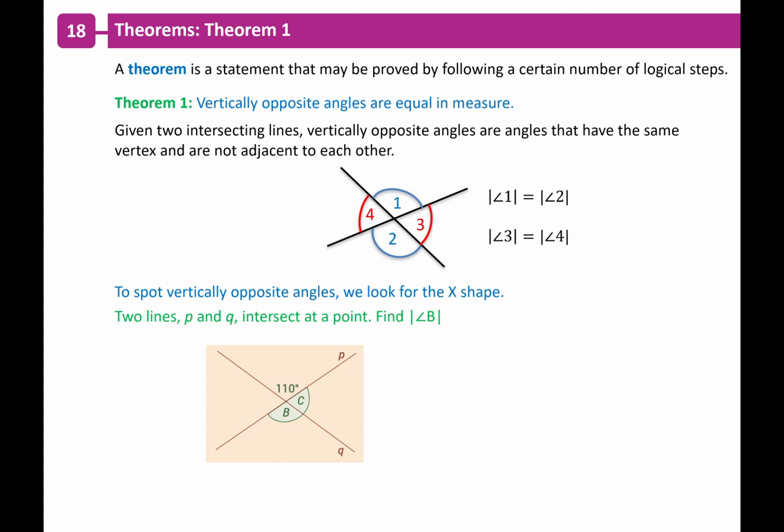Here we have an X shape, and we're asked to find angle B. Well, we can see that angle B is opposite the angle of 110 degrees. Therefore, angle B is equal to 110 degrees because they are vertically opposite angles.